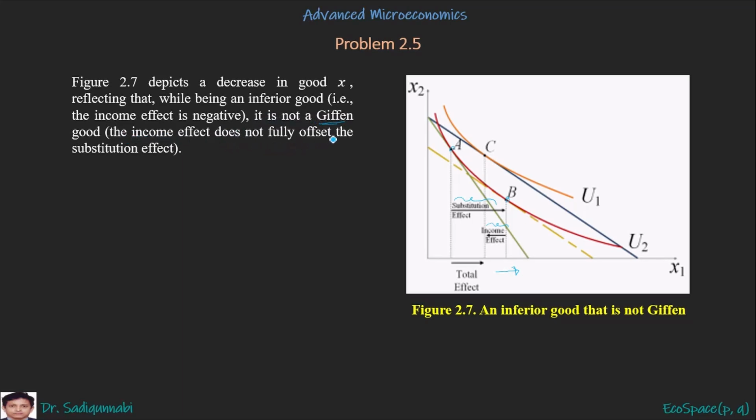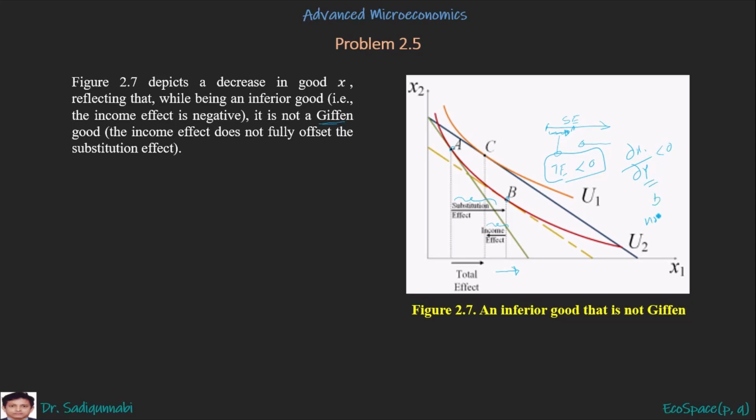So the income effect is this length, and the substitution effect is this length, and the remaining portion is not covered by the income effect. This portion, moving to the right, is the total effect, which is negative, and a negative total effect means del X divided by del P is negative, so it is not Giffen.